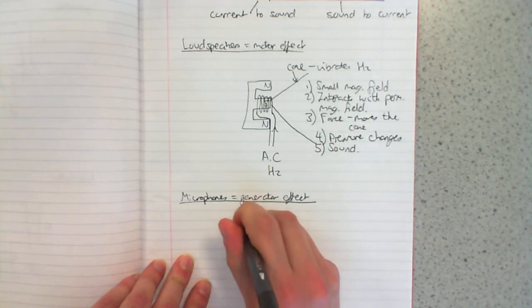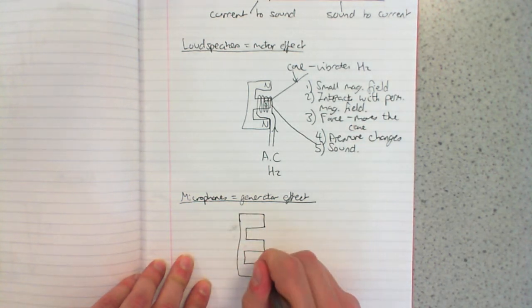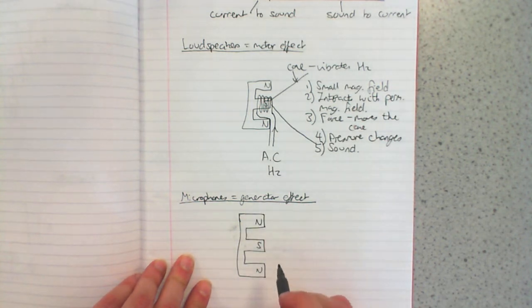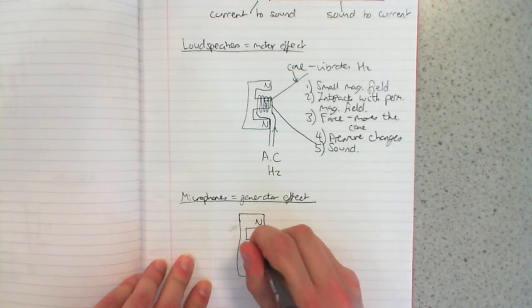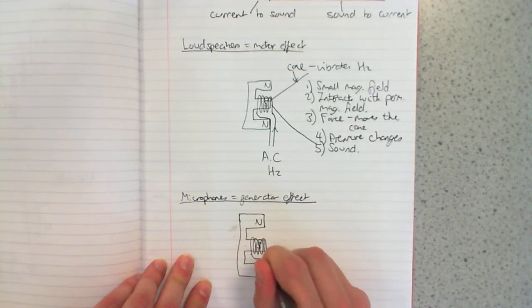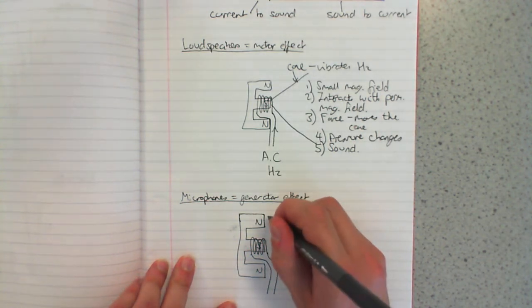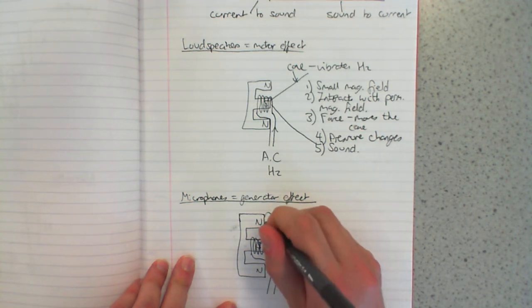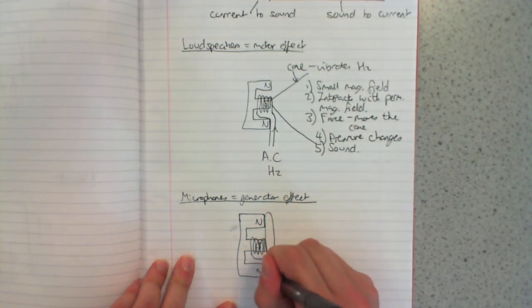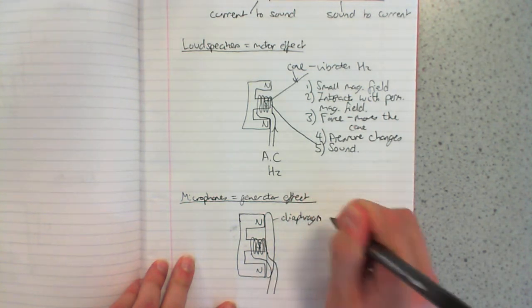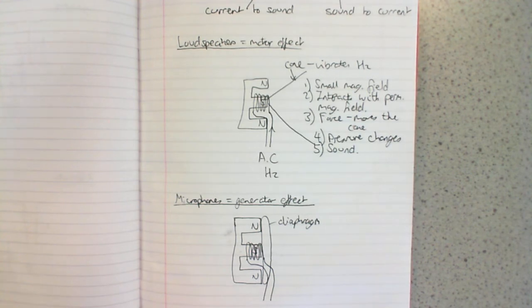We've got a three-pronged magnet, north, south, north, and that middle pole has got a solenoid wrapped around it, again attached to a circuit. But this time, instead of it having a cone attached to it, it has a diaphragm, which could be a thin piece of plastic or a thin piece of paper. And the diaphragm is very similar to the eardrum, like in the ear.